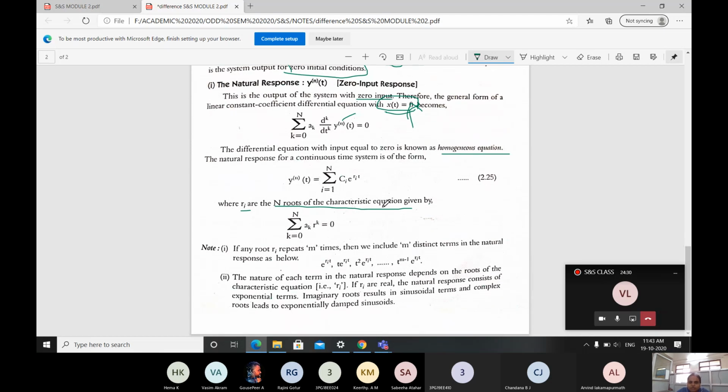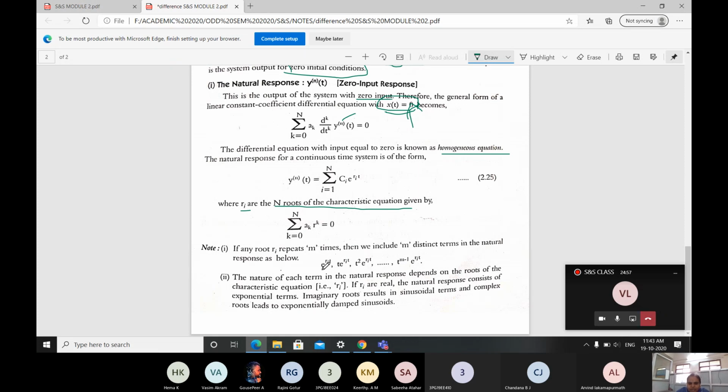It depends how many roots you will be getting. Therefore, the summation of a_k r^k, k from 0 to n, is going to be equal to 0. If the root r_i repeats m times, then we include m distinct terms in the natural response.